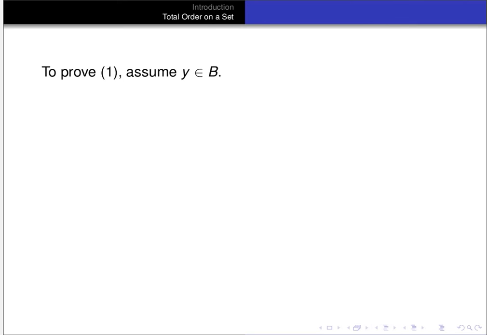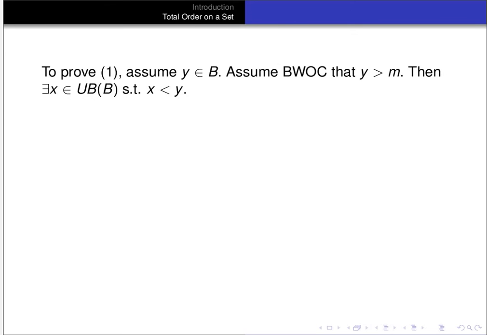Okay, so let's prove that M is an upper bound of B. So assume y is an element of B. Let's assume by way of contradiction that y is greater than M. Now, that means by our second condition that there is something in the upper bounds of B less than y.